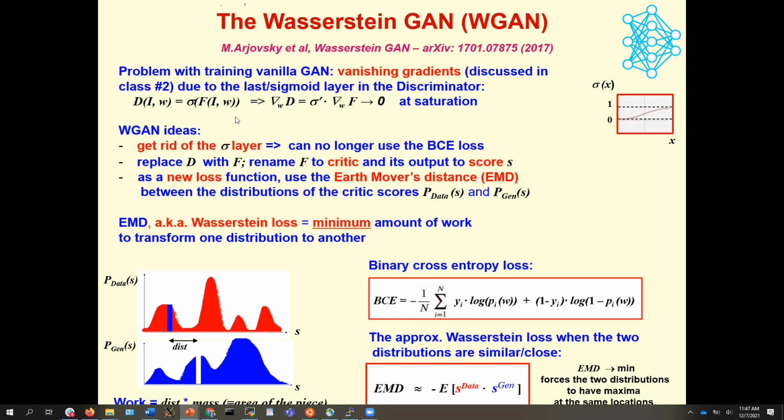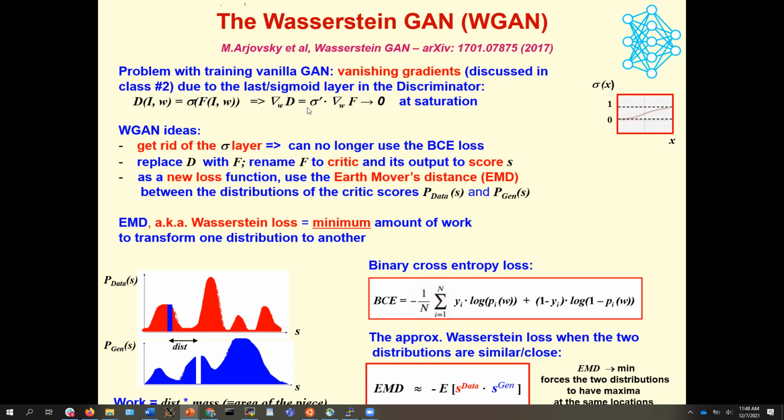W is weight, right? Yes. What does the I mean? W is a vector of all weights. I is the input image. Oh, I is the input image. Yes, we take the input image as an input.